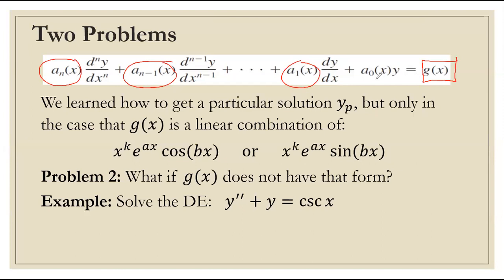We are going to learn two different methods which will help me find the solution of this differential equation when the coefficients aren't constant and g(x) is a function with no annihilator. Any question before I continue? Any question also about the previous lectures?